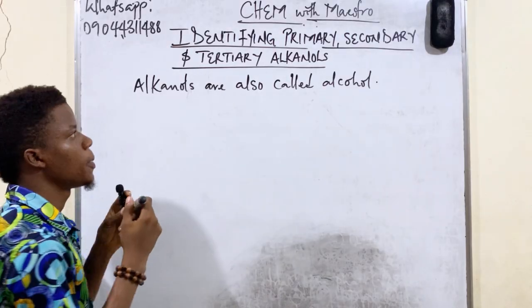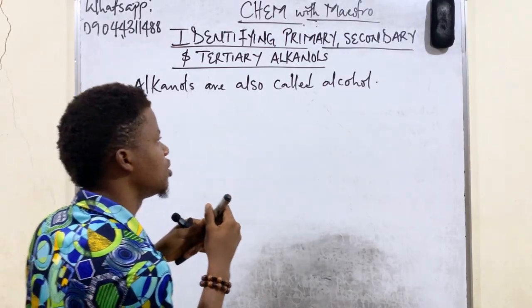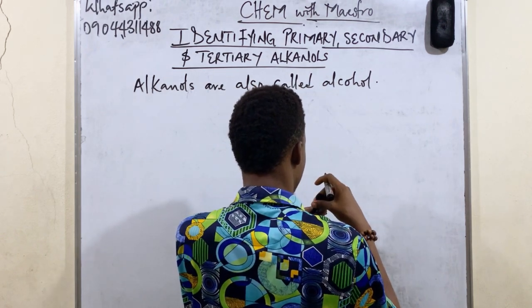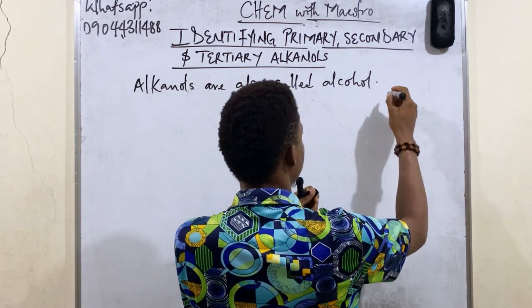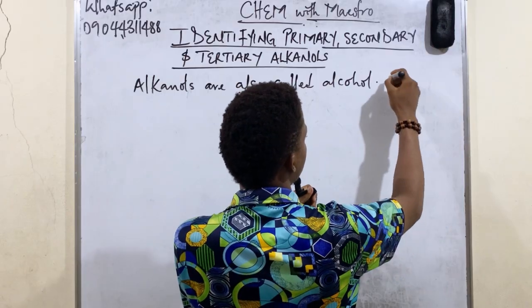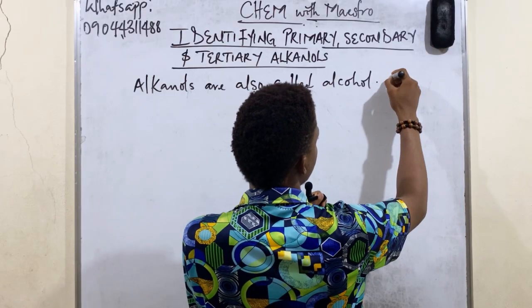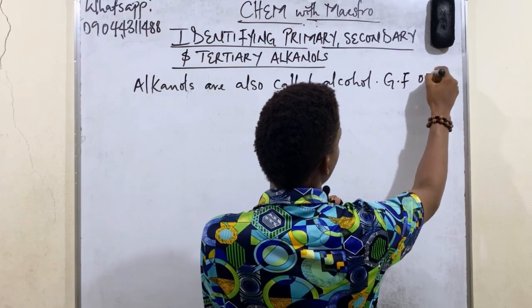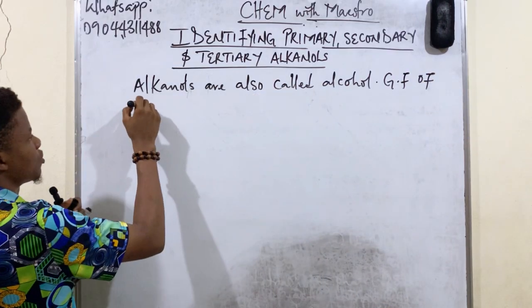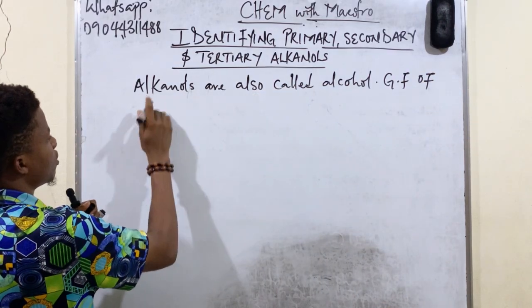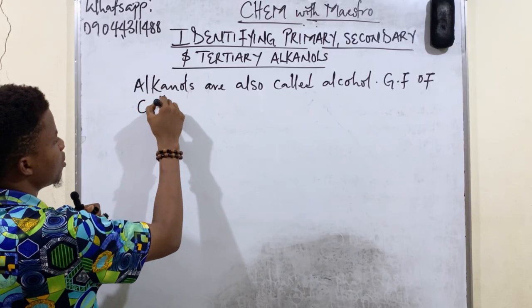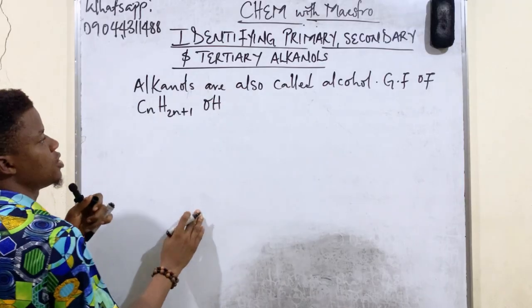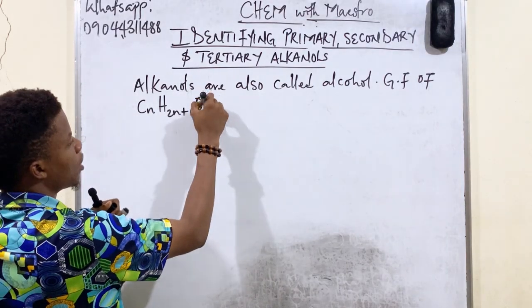Now, watch this. Alcohols have the general formula CnH2n plus 1 OH. Now, this is the general formula for alcohol.